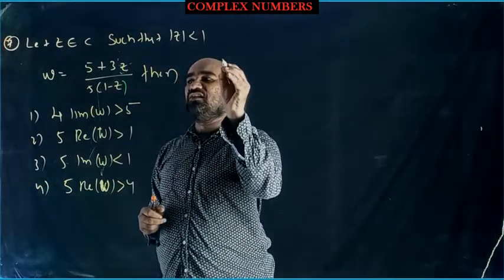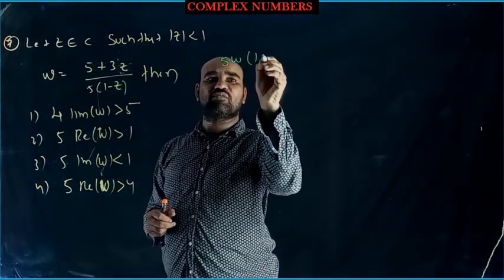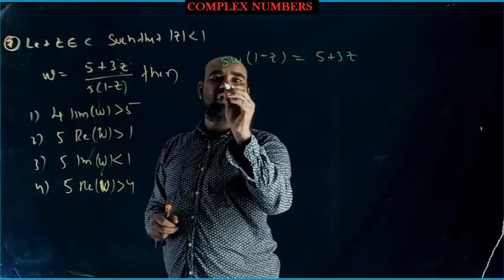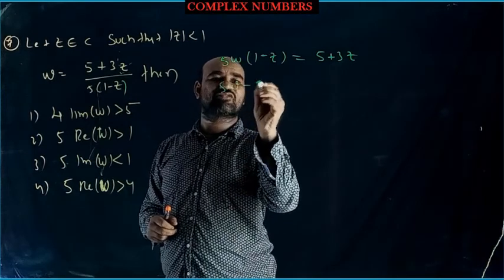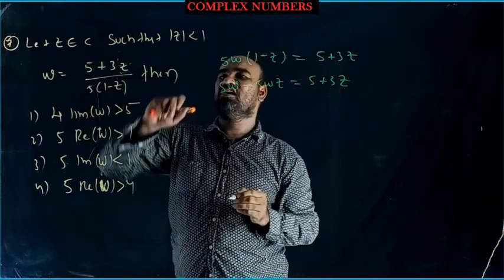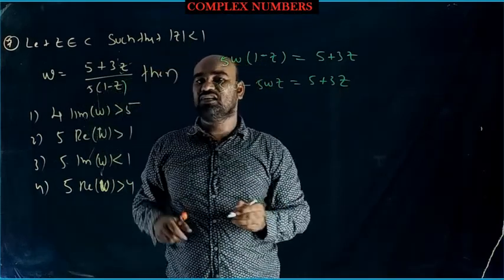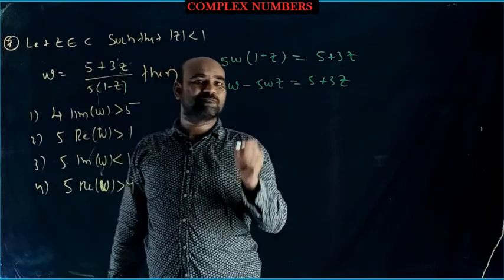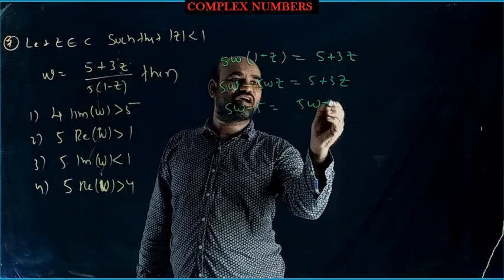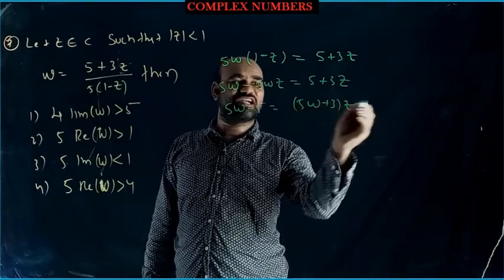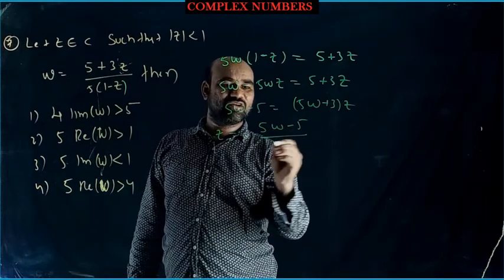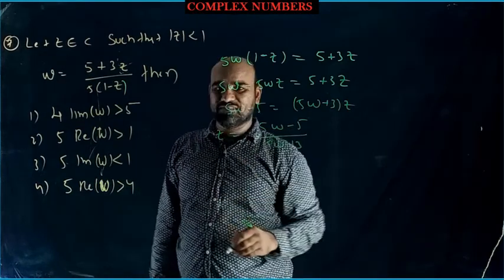So what is given here? 5 omega times 1 minus z equals 5 plus 3z, or 5 omega minus 5 omega z equals 5 plus 3z. I want to make z the subject because the mod of z is given as less than 1. So 5 omega minus 5 equals 5 omega plus 3 times z, or z equals 5 omega minus 5 by 5 omega plus 3.